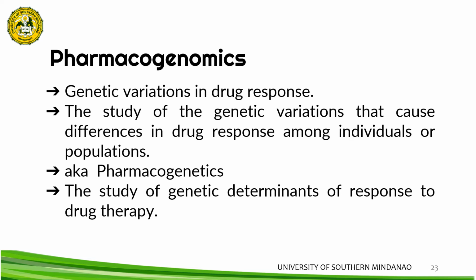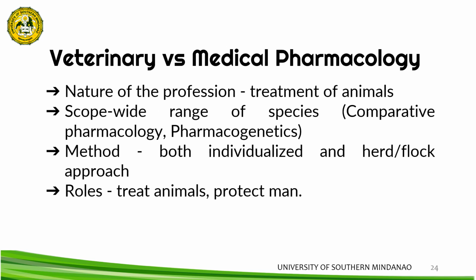It is also the study of the genetic determinants of response to drug therapy. So for example, there are certain animal species or certain animal populations which are more susceptible to a particular drug, or more tolerant to a particular drug, and this study is under the field of pharmacogenomics.